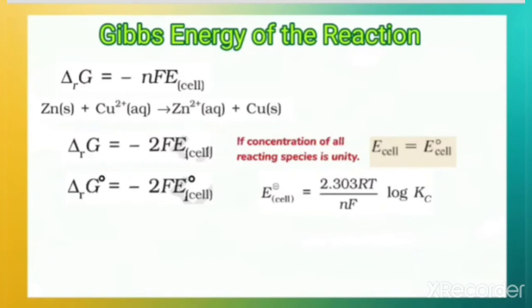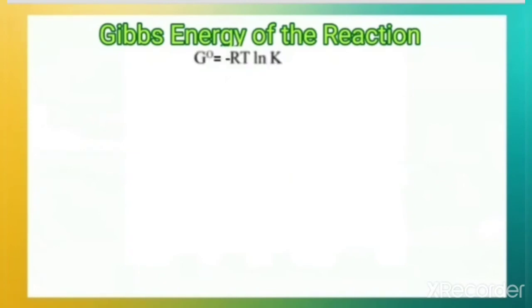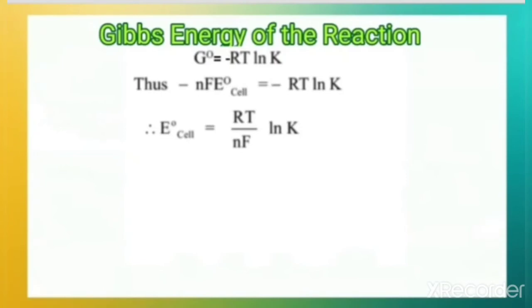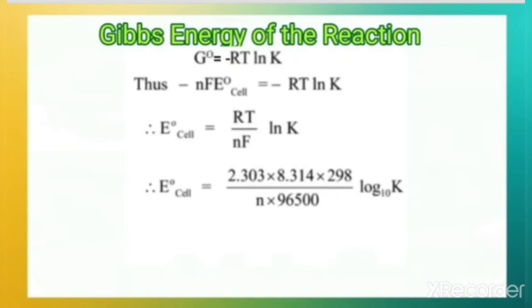If you substitute this value here, after calculation we get delta G naught is equal to minus RT ln K. So we have learned the equation delta G naught is equal to minus nF E naught cell, and that is equal to minus RT ln K. From this we can find E naught cell: the minus signs cancel, so E naught cell is equal to RT ln K by nF.